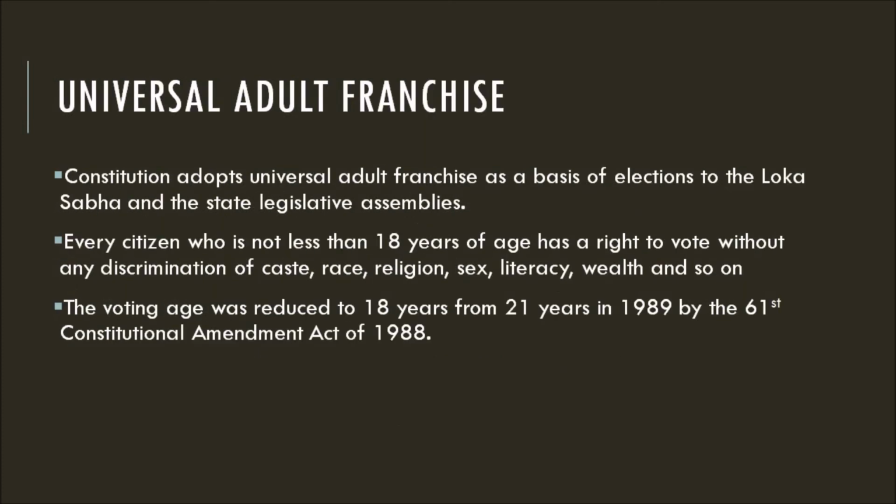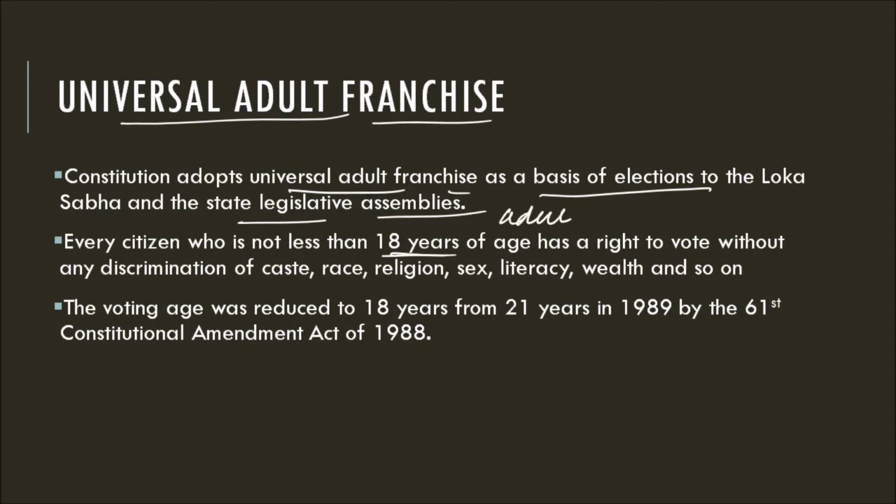And one of the last important features of the Constitution which we'll be discussing in this video is the universal adult franchise. The Constitution of India adopted universal adult franchise as a basis of elections to the Lok Sabha and the state legislative assemblies. What is it? Every citizen who is not less than 18 years of age will be called an adult, right?